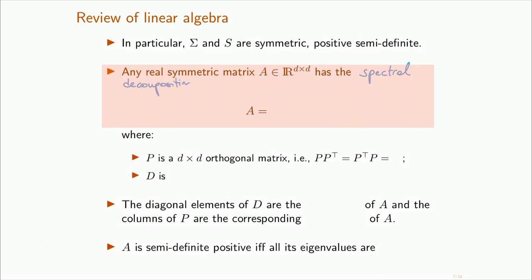A can be written in the form P times D times P transpose, where P is a d by d orthogonal matrix, and D is a diagonal matrix.